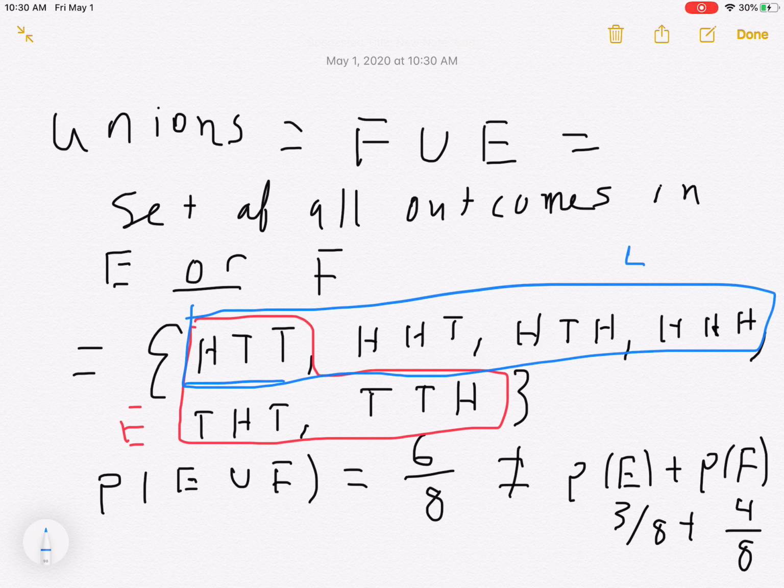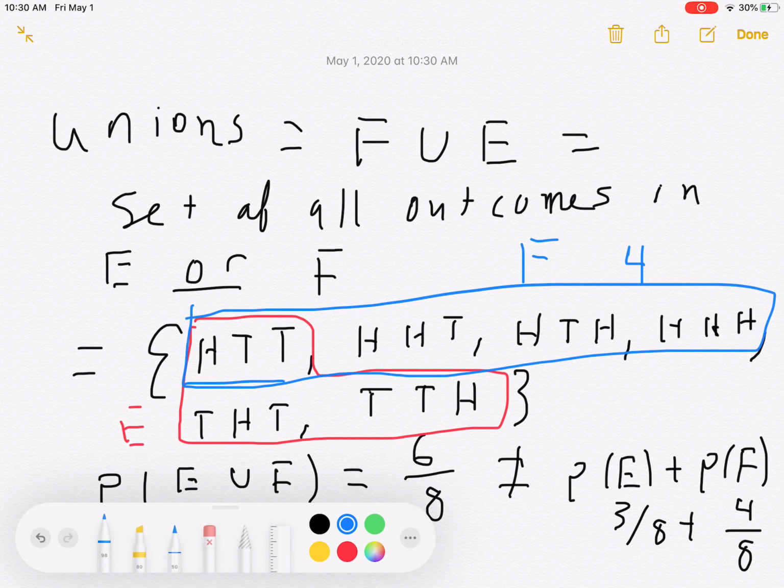So that'd be 4, and that'd be F. And wait, I've counted heads, tails, tails twice. So that's exactly the amount by which I'm off.